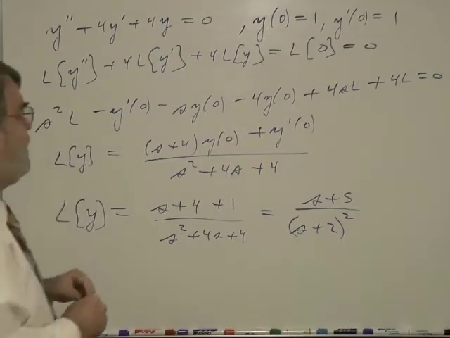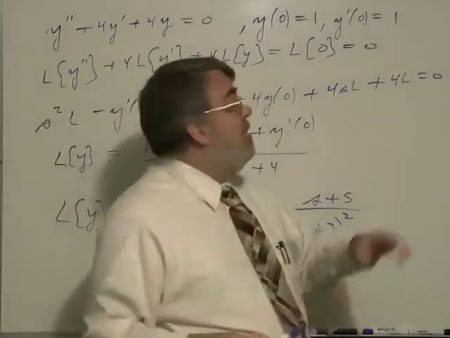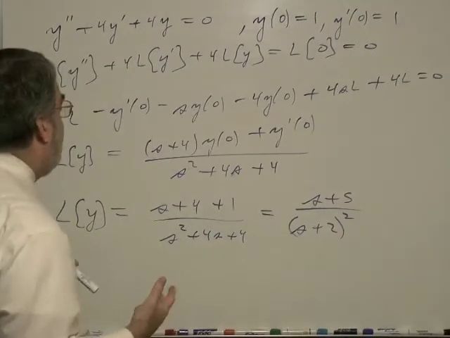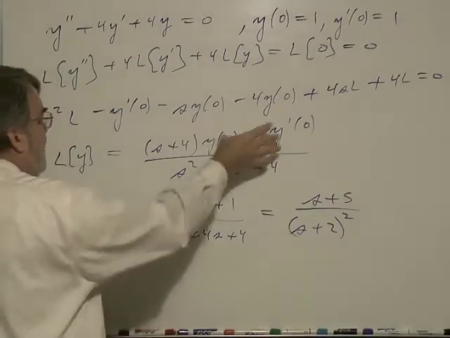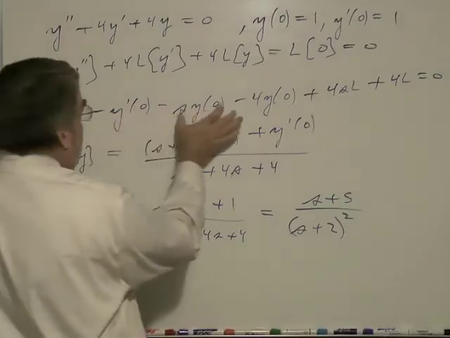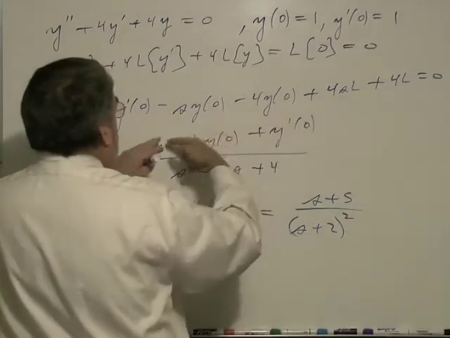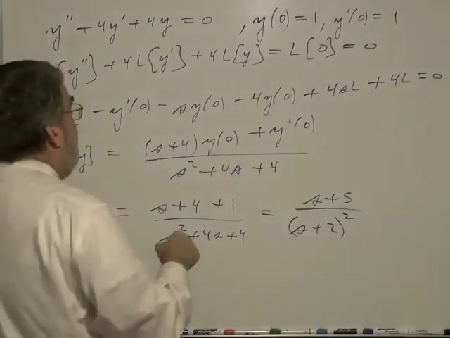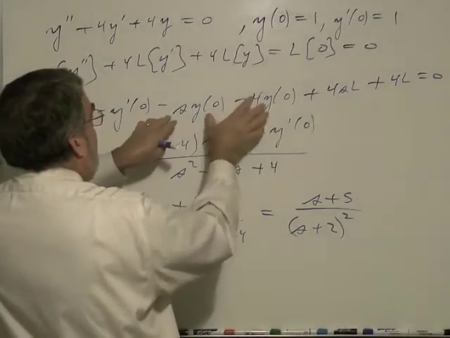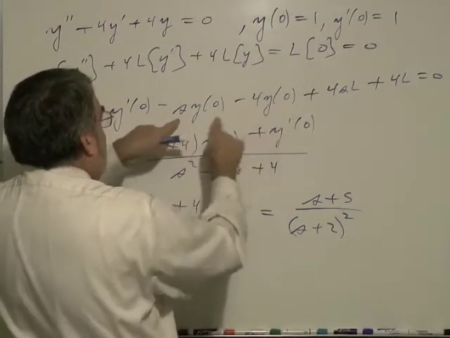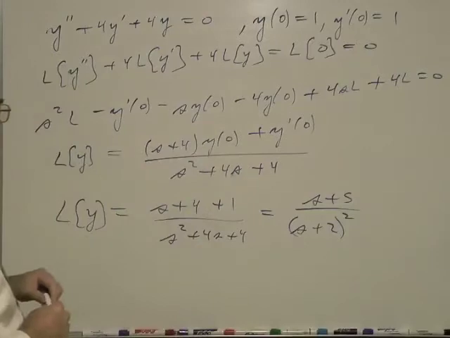And normally at this point of the problem, I would plug these numbers in. But in this step I didn't. I went ahead and solved with initial conditions unresolved. So I took these three terms, added them to the right side, and that was the numerator that you see here. I also factored y at 0 out, and that left s plus 4.